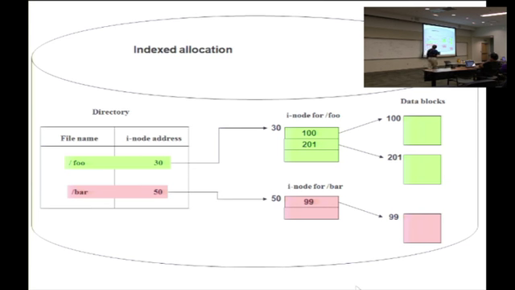And similarly, if you look at the inode for bar, it's at disk block address 50, and the contents of this inode say what are all the data blocks contained. So in this case, there's only one data block, 99, and there's nothing else.